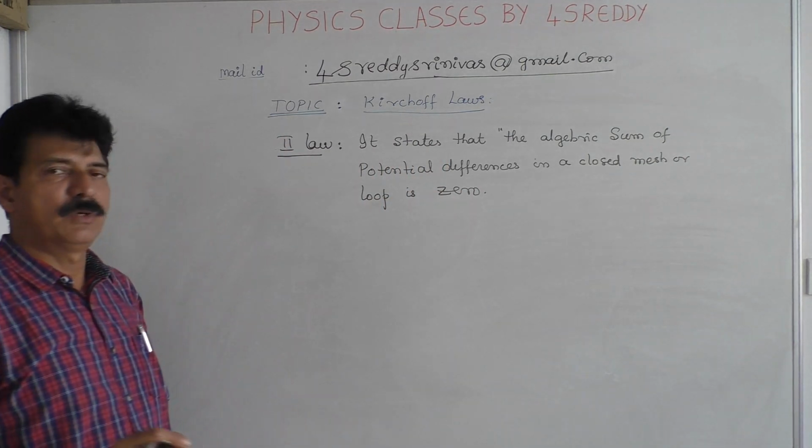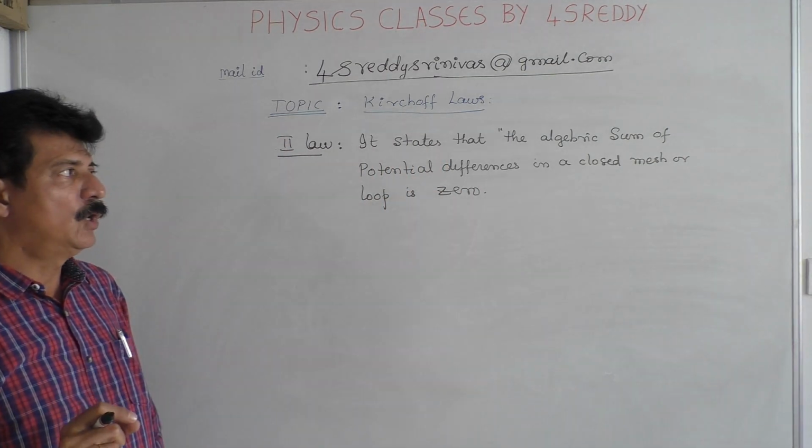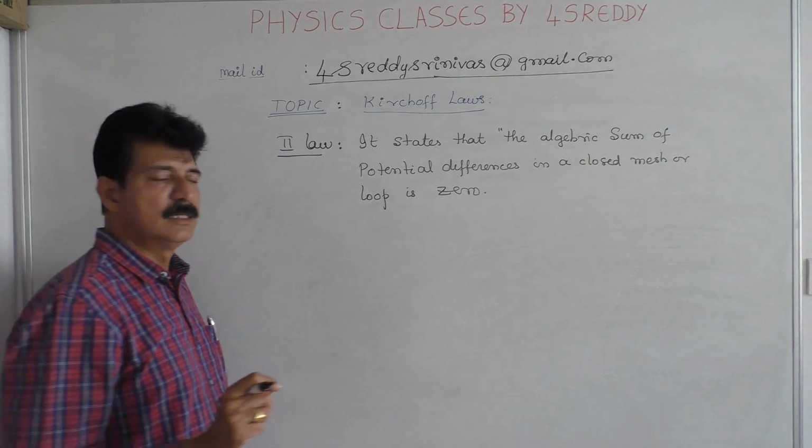Algebraic sum of potential differences in a closed mesh or loop is zero.